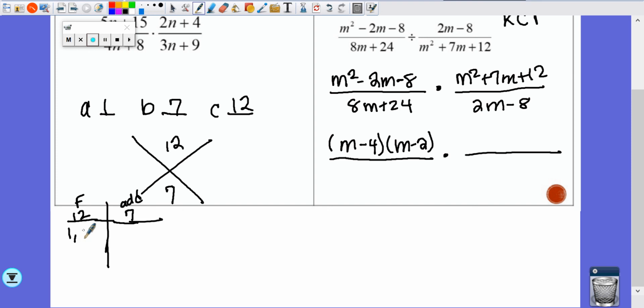So I'm going to start with 1 and 12. Well, we know that's 13, so that doesn't work. We're looking for 12 and 1. We know that's 13 again. 4 and 3. Oh, look, we're straight. 4 plus 3 is 7. So I'm going to do 4, 3, 1, 1 under that.